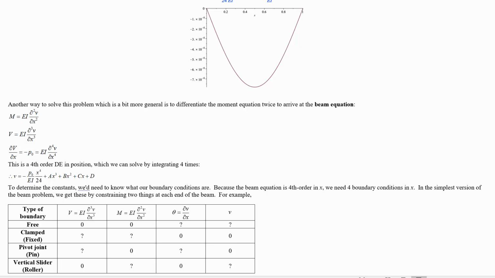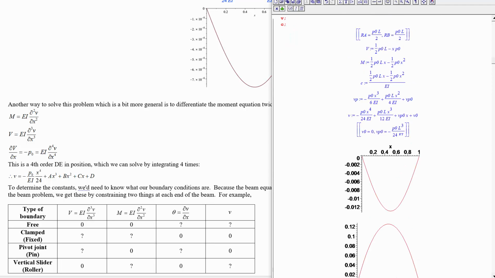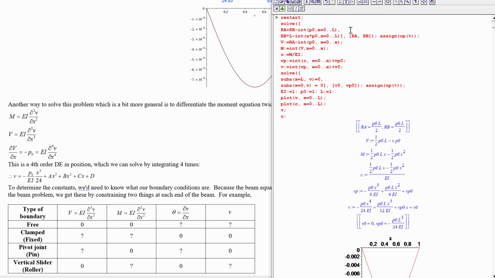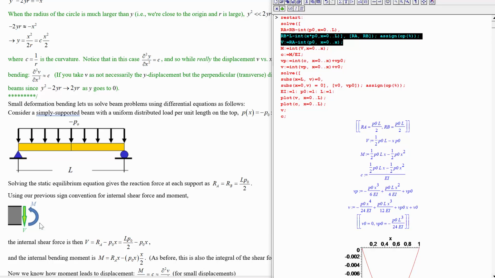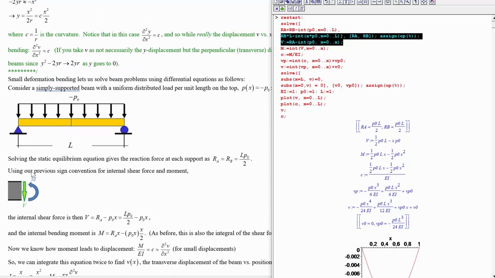without having to know other stuff about what's going on. Like, we applied all this static stuff to figure out what the shear force and the bending moment had to be by applying these torque equations. The net force is 0 and the net torque is equal to 0. And then we used an internal shear force and bending moment diagram to figure out what the shear force has to be and then related that to the bending moment by integrating.